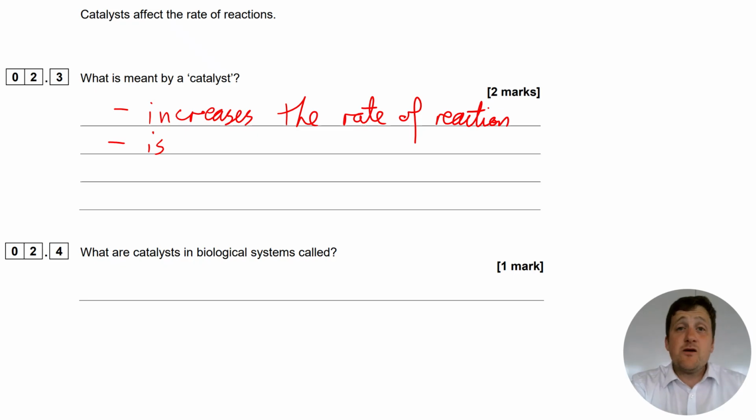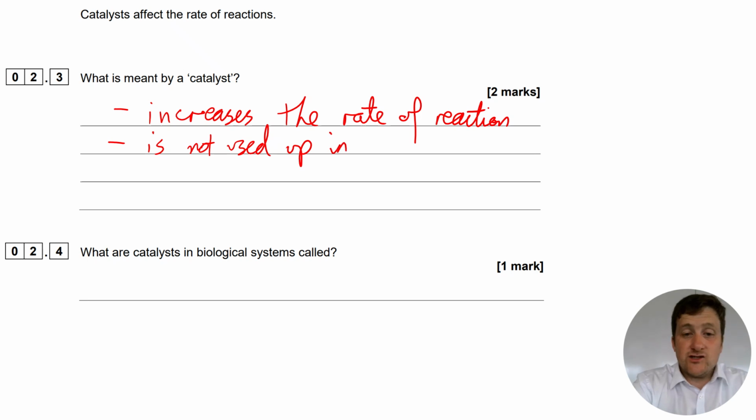We could say by providing an alternate reaction pathway which lowers the activation energy, all of those are acceptable, okay? But the other side of our catalyst we always mention is not used up in the reaction. Okay, it's not a reactant in that sense. It is not a reactant because it's not used up. It doesn't turn into a product.